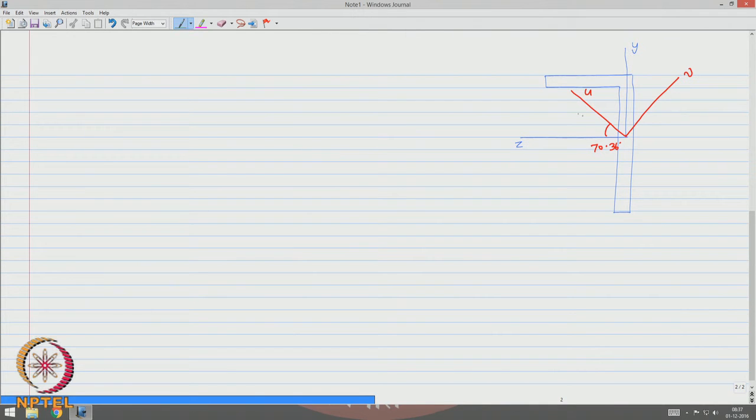We also located the neutral axis, which is 22.88 degrees.